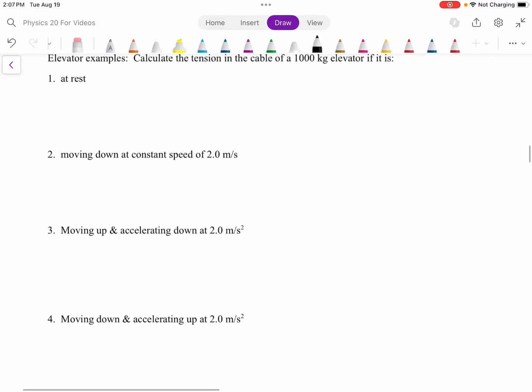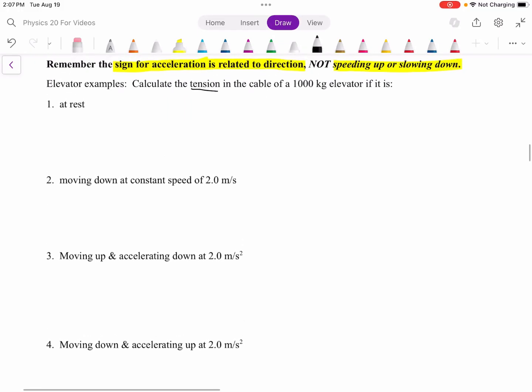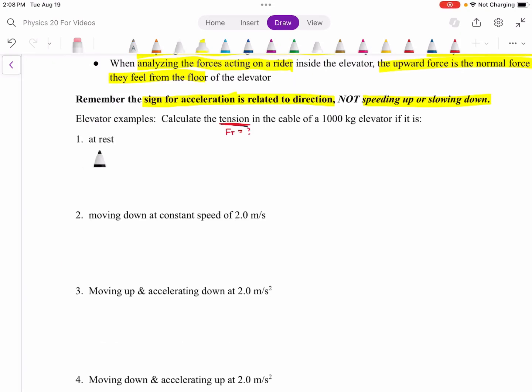So for these examples, we're going to calculate the tension in the cable of a 1,000 kilogram elevator in some different scenarios. So in all of them, we are looking for what the tension would be. So we'll start with the elevator at rest. Now, again, like I said, good first thing to always ask yourself is, what does that mean for the net force? Is it accelerating if it's at rest?